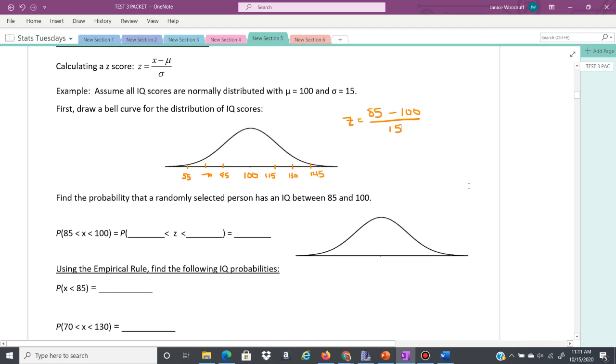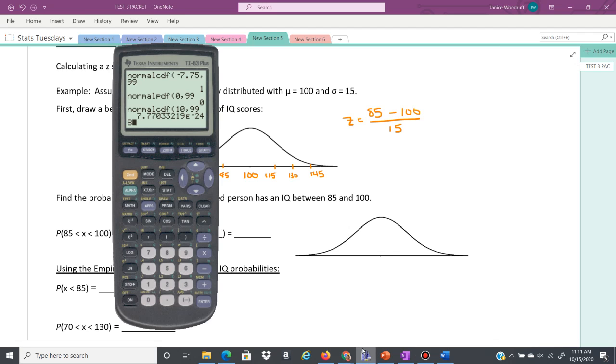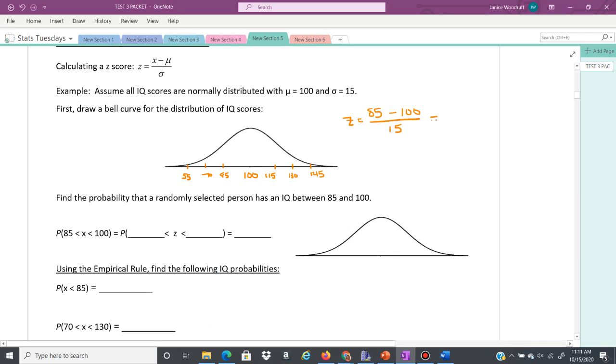So 85 minus 100 is negative 15, over 15 is negative 1. So the z-score for 85 is negative 1, which we can see on this curve. It is exactly 1 standard deviation. So this negative 1 corresponds, in the context of this question, to an IQ score of 85.